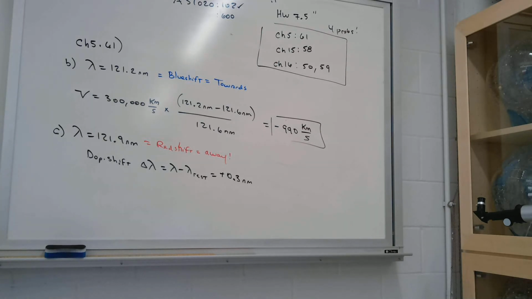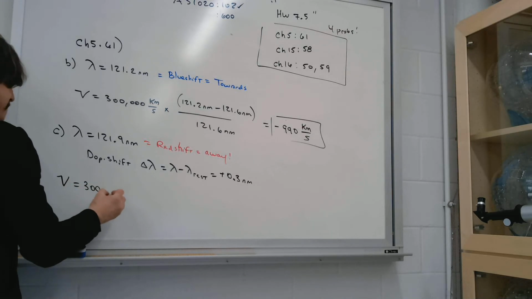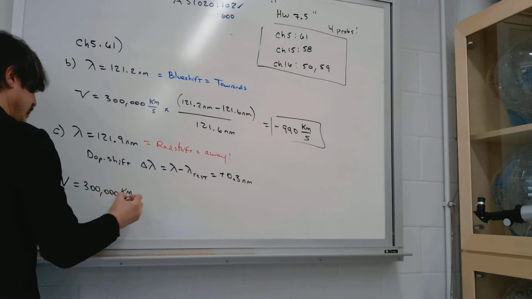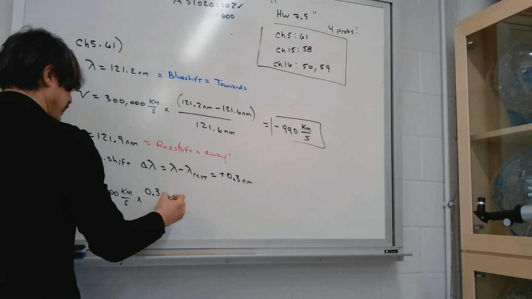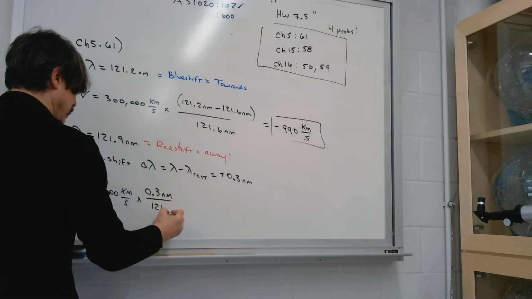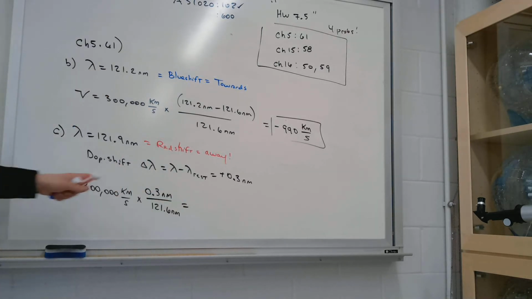Yeah? So now we can make this a lot easier on ourselves. The velocity of the star is 300,000 kilometers per second times 0.3 nanometers over the rest wavelength of 121.6. It's nice to see it this way too, because you realize it's the percentage by which the line is being shifted times the speed of light.